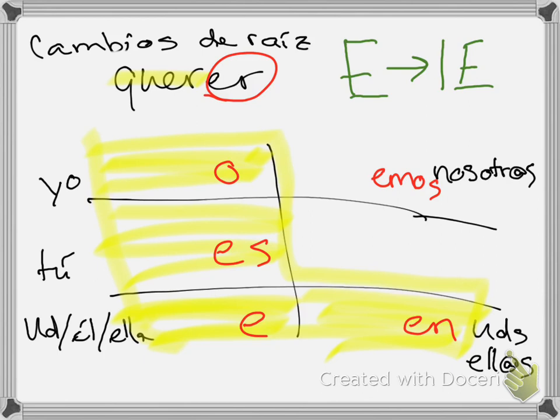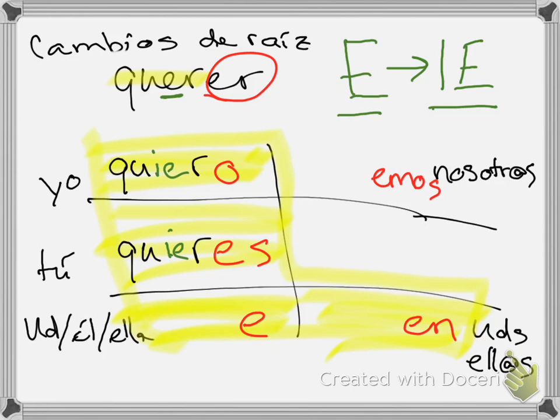So let's take a look at this. If I am saying yo, my Q and U are the same. The only thing that's changing is my E, right? My E is going to turn into an IE. So I'm going to change it into an IE, and then I have my R and my O. Quiero, yo quiero. Tú, once again, I have my Q, U. I'm going to have my R. The part that's changing is the E, and it's going to change into an IE. Quieres.